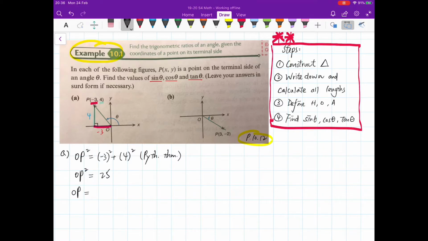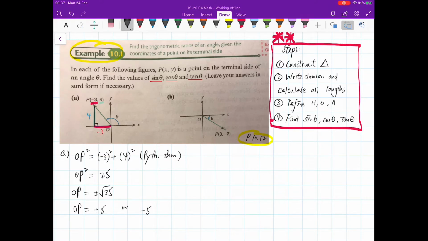Then we have to take the square root. But don't forget that when we take the square root, we have to add a plus or minus in front of it. And finally, we have 2 values. The first one is +5, and the second one is -5.